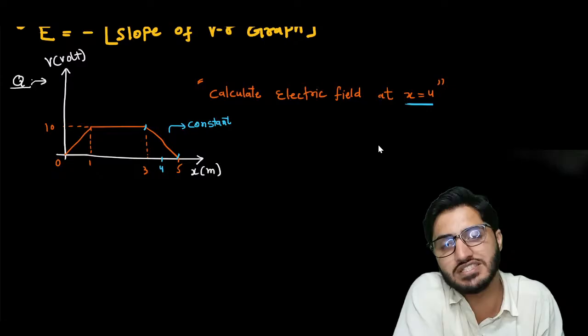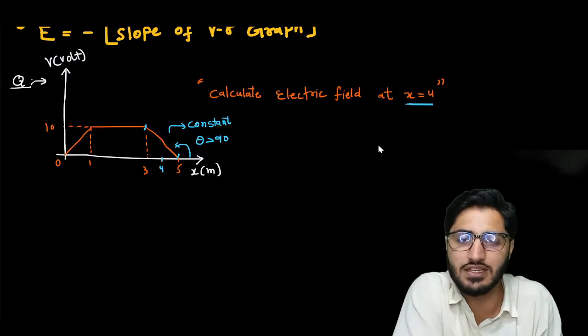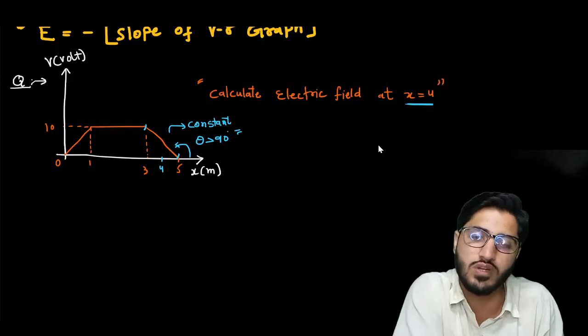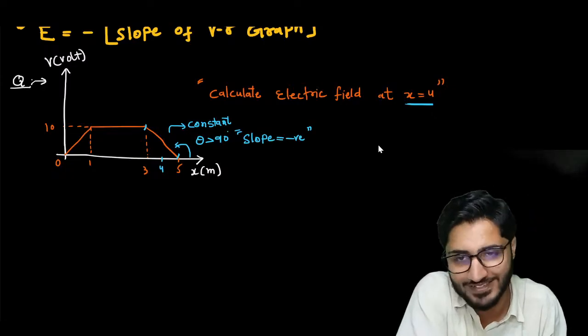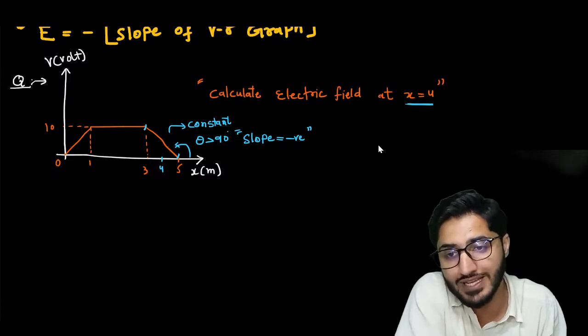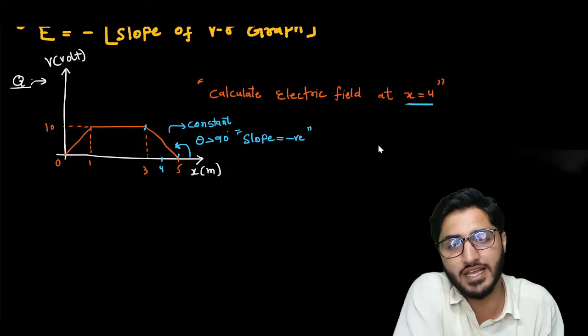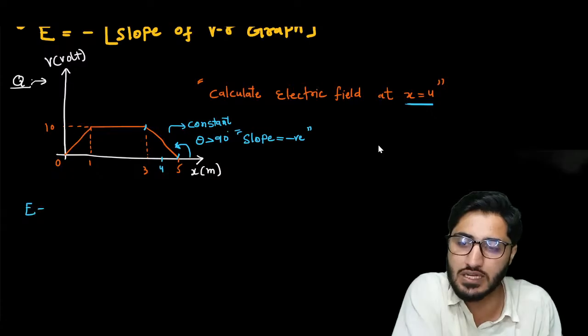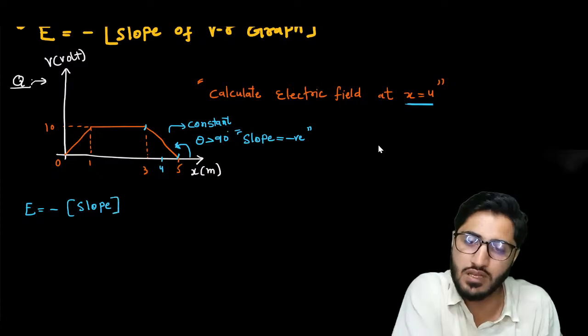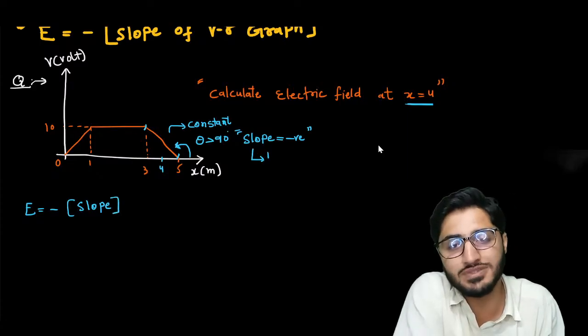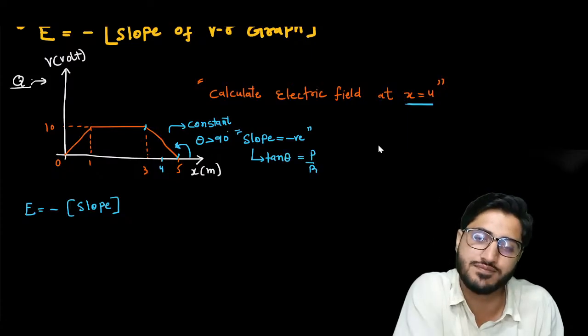This theta is more than 90 degrees, so my slope is negative. This is from basic 11th mathematics: if theta is more than 90 degrees, the slope is negative. And slope is tan theta, which is P by B.